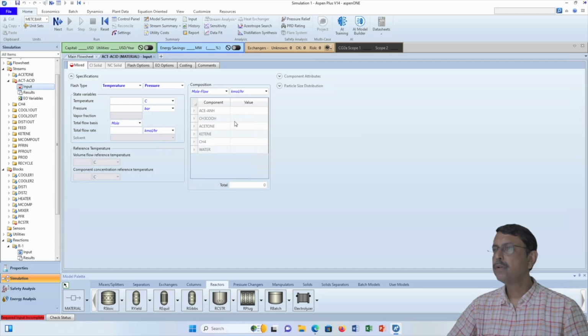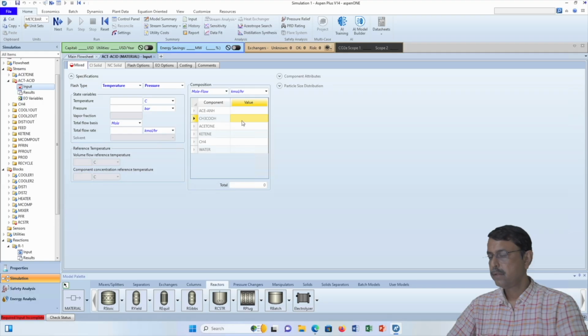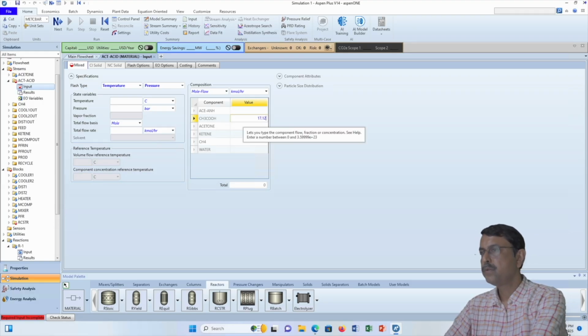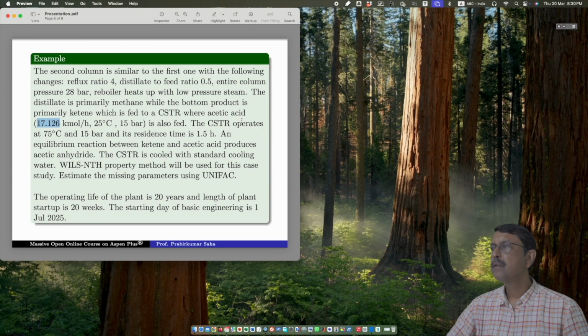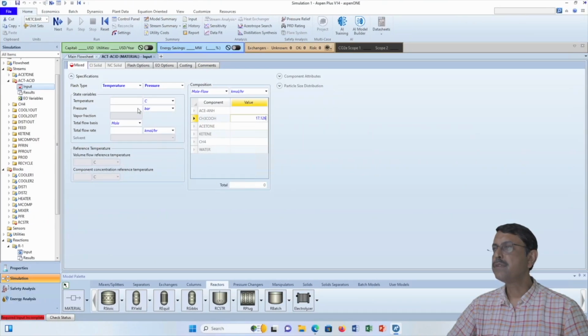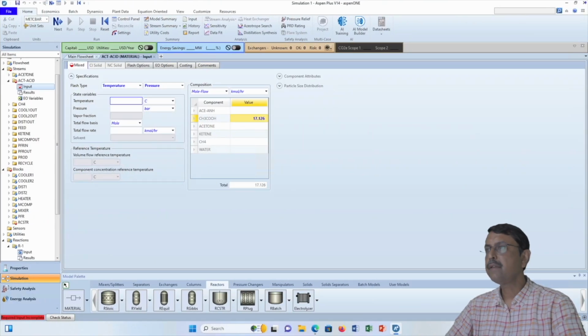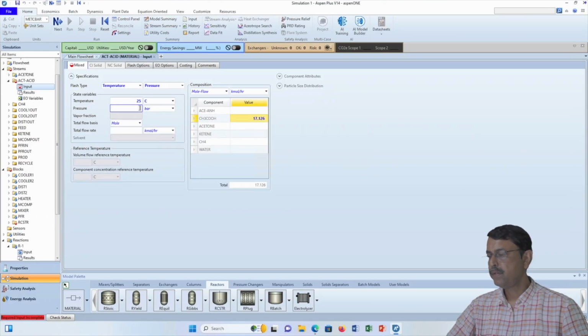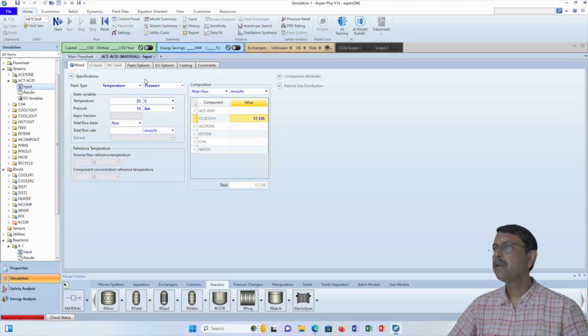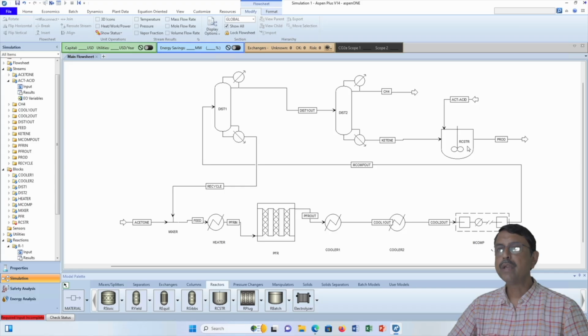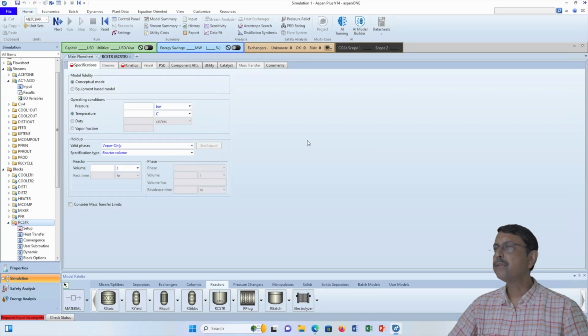So acetic acid 17.126, yes, 25, 15. So it is 25, here it is 15, right. And we have to go to the RCSTR.